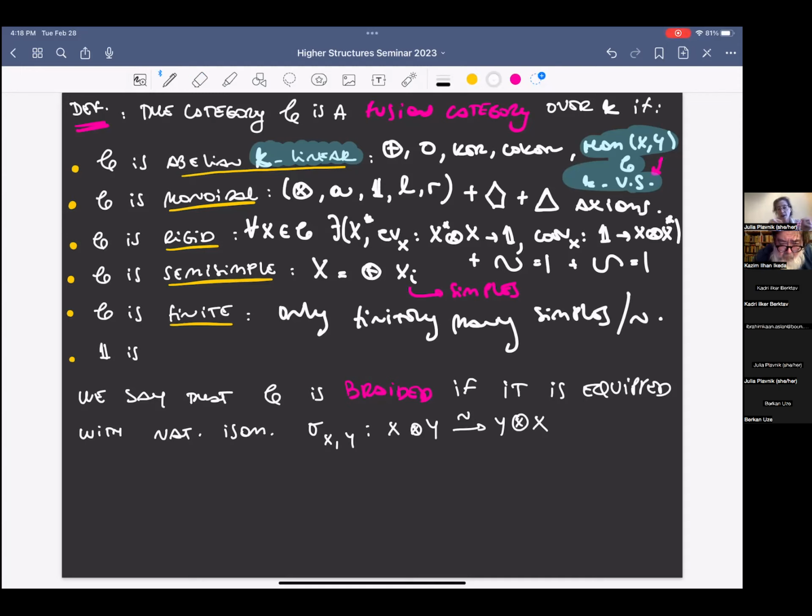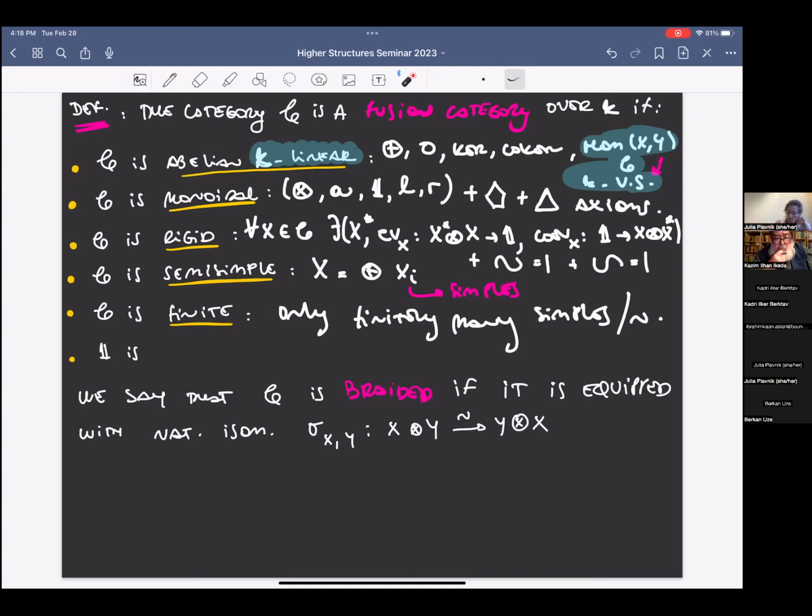The definition of finite is longer, but since I already asked for semi-simple, many things come for free. So the only one that I want you to keep in mind is that I will have finitely many simples. And this is very nice because now I have a kind of basis for my Grothendieck ring. So doing fusion categories is in some sense like doing higher dimensional linear algebra. It's a way to think about it, not exactly, but a way.